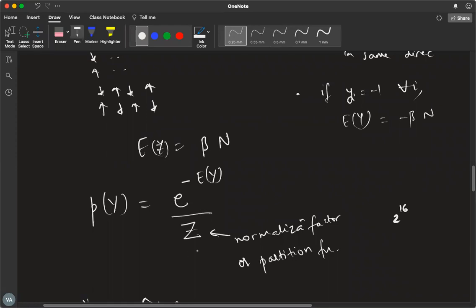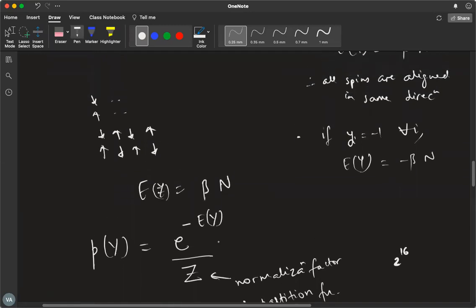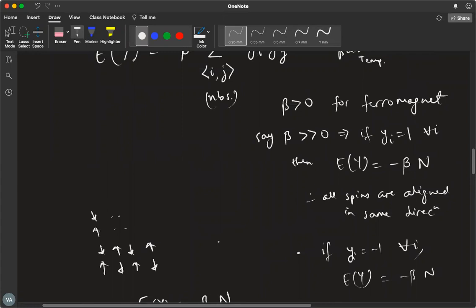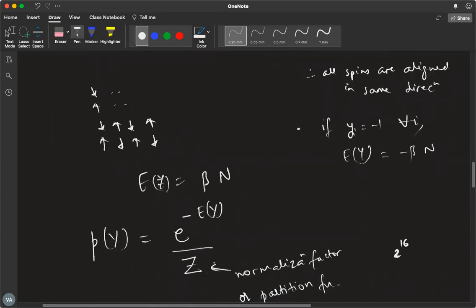So generally, this Z is very difficult to compute, even for a small lattice like a 4x4 lattice. Now imagine if you have a really big lattice, then this term will be really not possible to compute. So we leave it as Z and we say that we can't compute it. We just try to work with the numerator only.